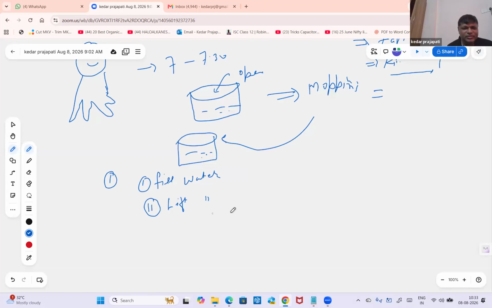Then they came out of the kitchen, went to a small place underneath the table, and cleaned. So here each step this robot was learning. This training was done for 3 years, or maybe 4 years also.